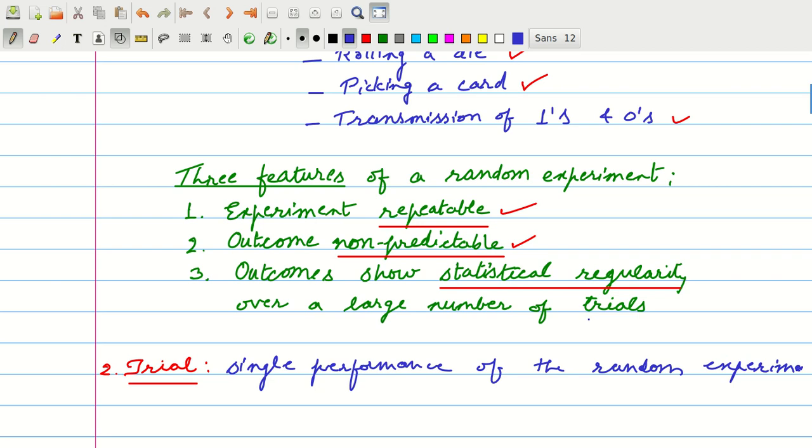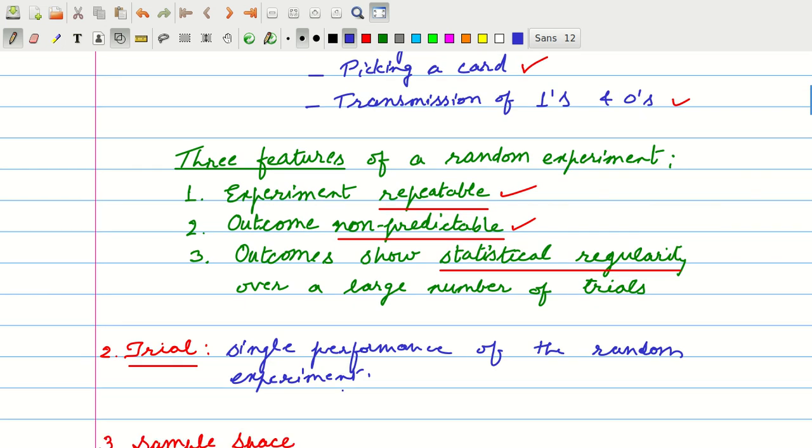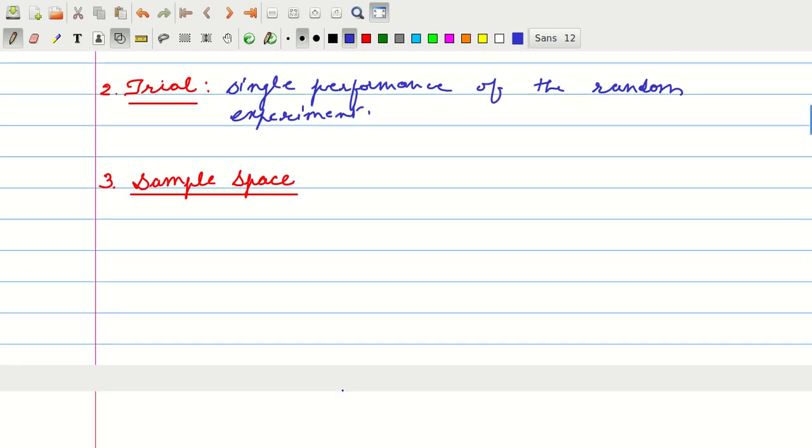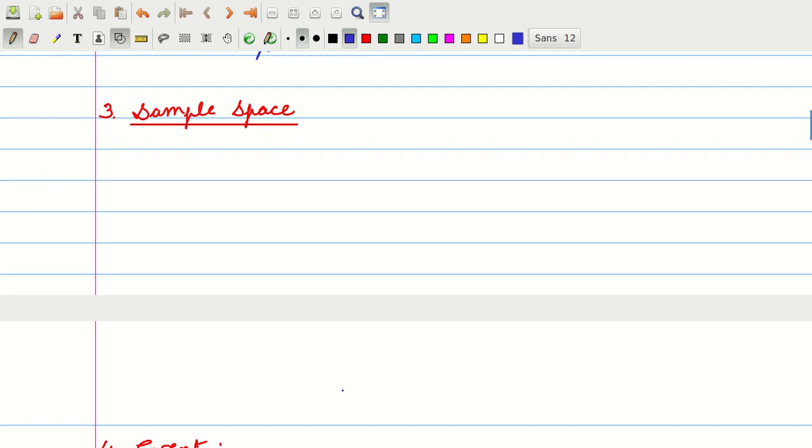For example, if we consider tossing of a coin, the coin toss is called a trial. Or if we consider the rolling a die example, when we roll a die once, that will be called a trial.